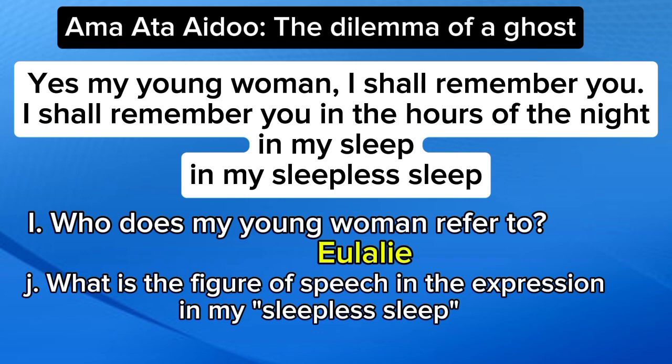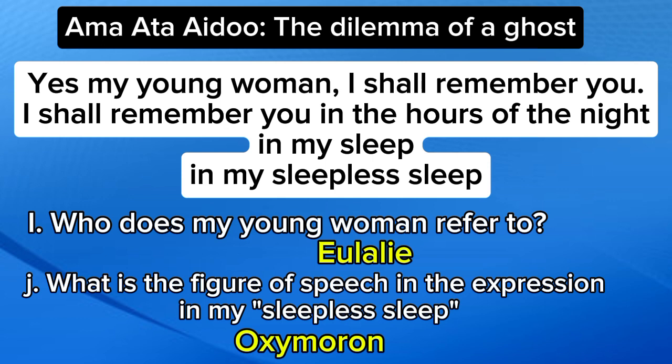So if you put two opposing words close to each other, such as sleep and sleepless, these are two contradictory words. You will get a literary device called oxymoron.